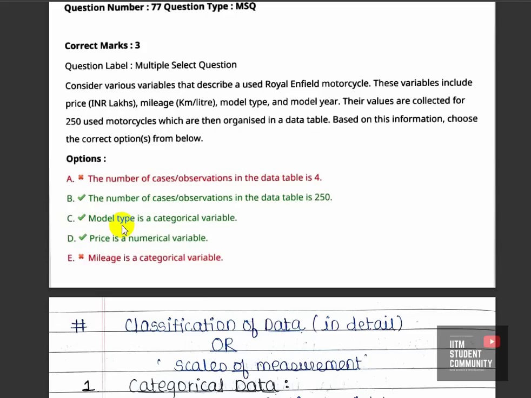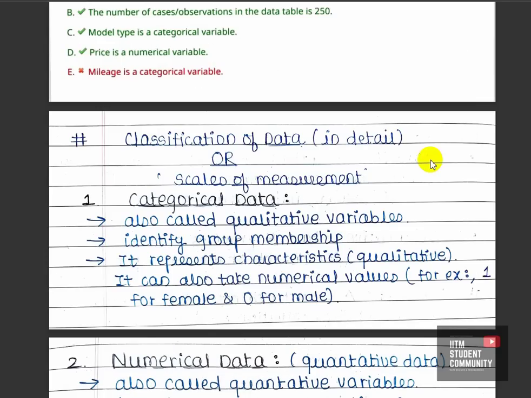Option C says model type is a categorical variable. First, the concept of categorical variable. It is a qualitative variable and it represents characteristics. So model type is a categorical variable. Yes, it is true. Option D says price is a numerical variable. Yes, price is quantitative data.